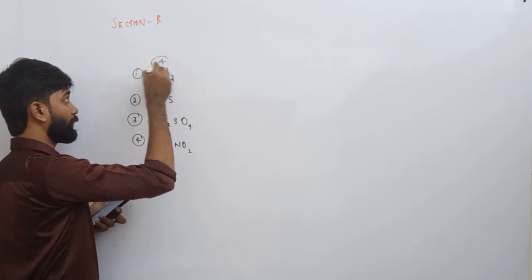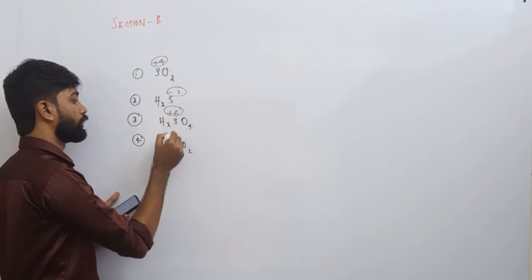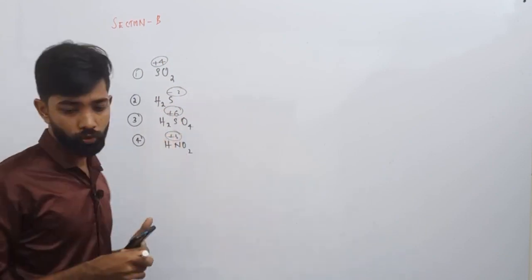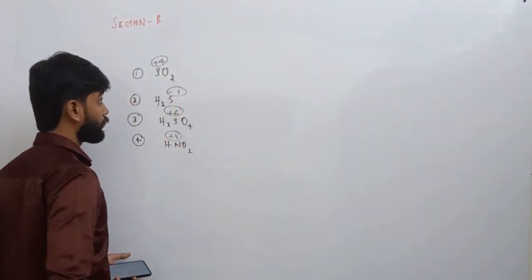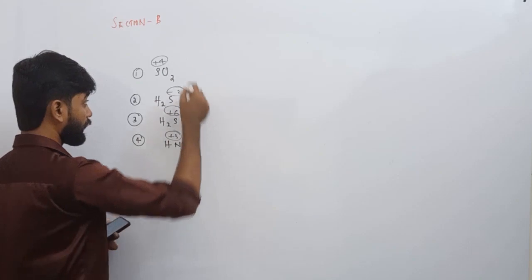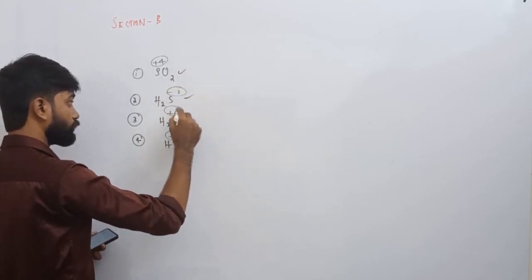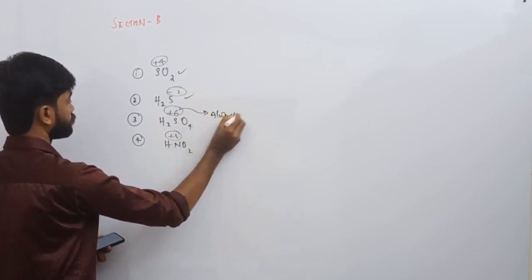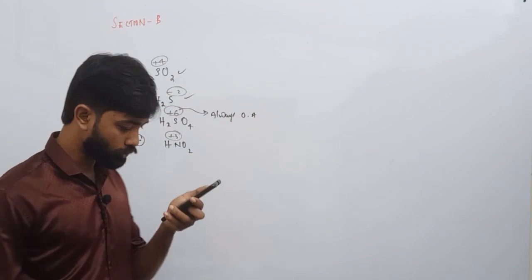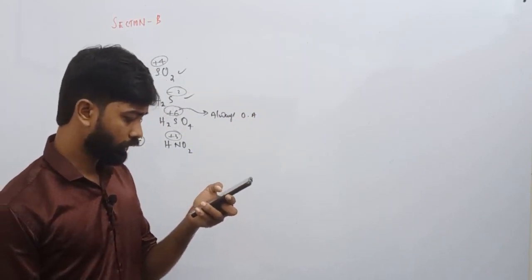So here sulfur +4, sulfur -2, sulfur +6, nitrogen +3. You know that the maximum oxidation state of sulfur is +6. So the first one is not in the maximum oxidation state, so it can act as both oxidizing and reducing agent. This can act as reducing agent. So this is always an oxidizing agent, because it is in the topmost oxidation state. So you can choose the choice as 3.